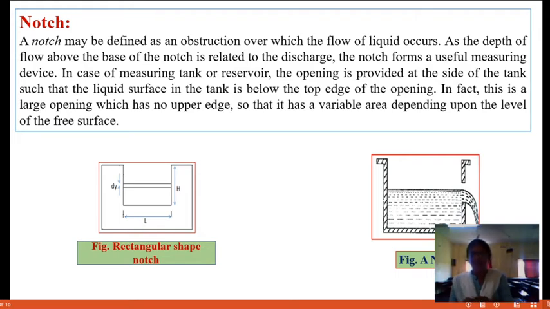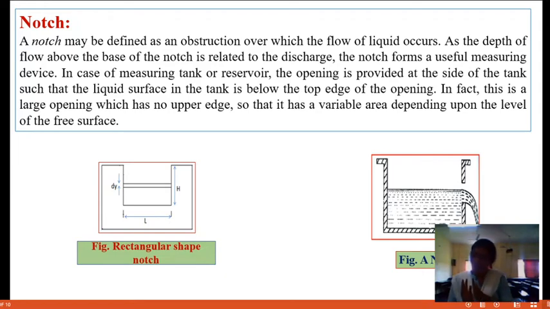Actually, we see different types of notches in real life, in the fields, near canals, channels, and small streams.